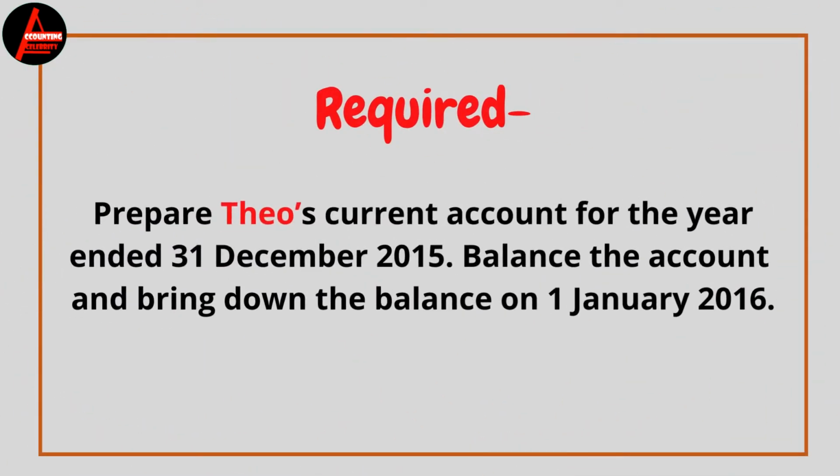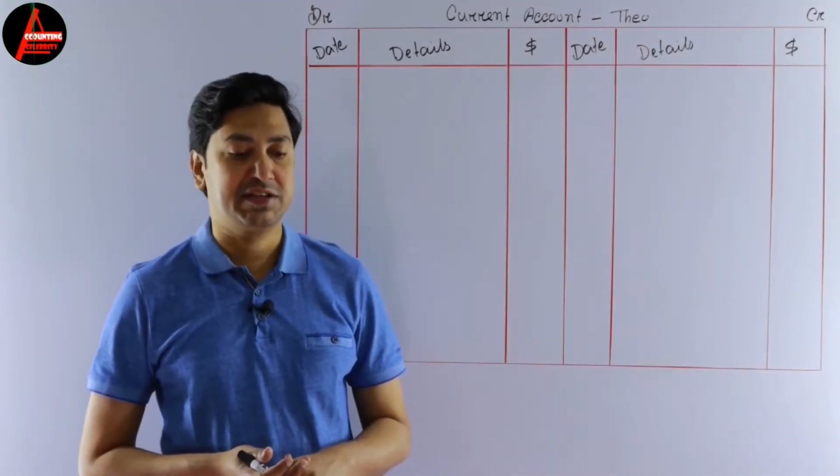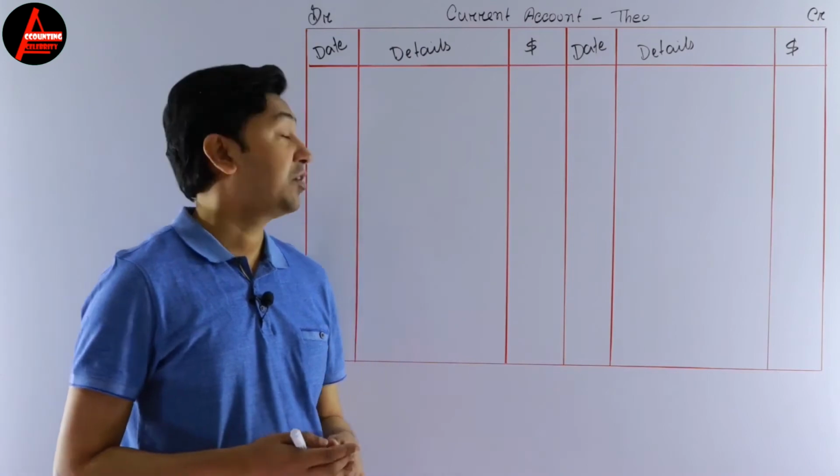Very good. Now what is the requirement in the question? Prepare Dio's current account for the year ended 31st December 2015. Balance the account and bring down the balance on 1st January 2016. You have to remember the accounting period here.